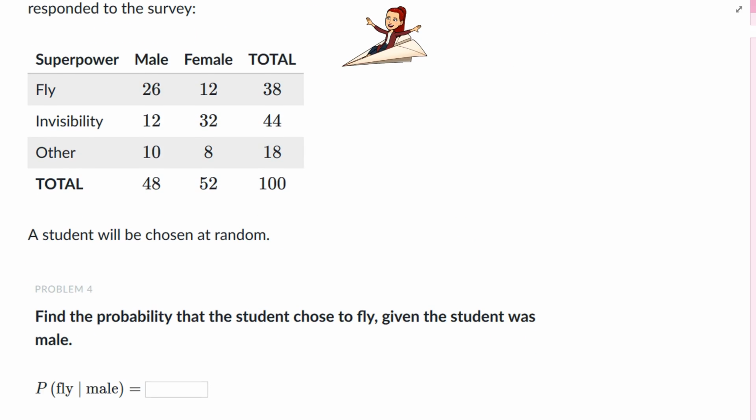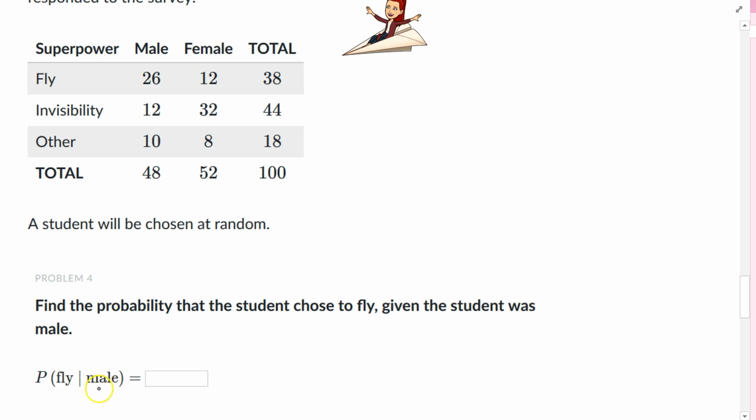This next example is very similar, but now we say the probability the student chose flying given that the student was male. So I'm going to pause this for a minute, and I want you guys to work through this and go ahead and input your answer. So on this one, our condition is they're male, right? So now my universe is only the number of males that were surveyed.